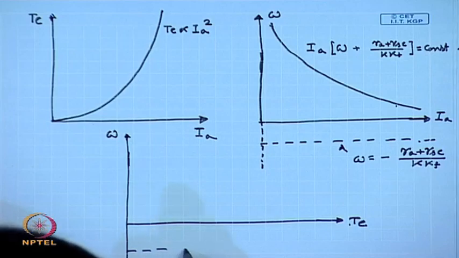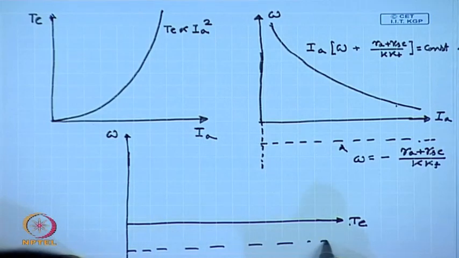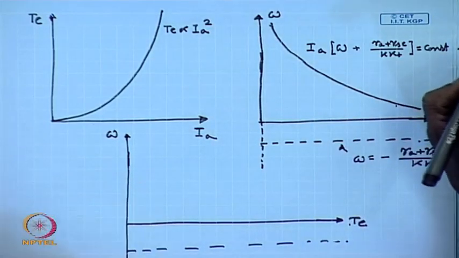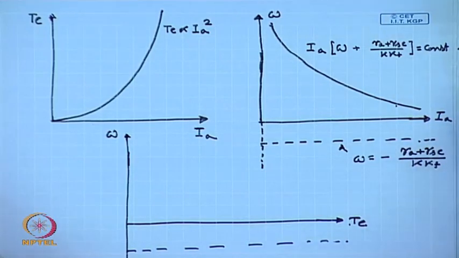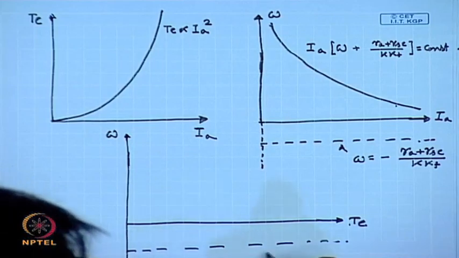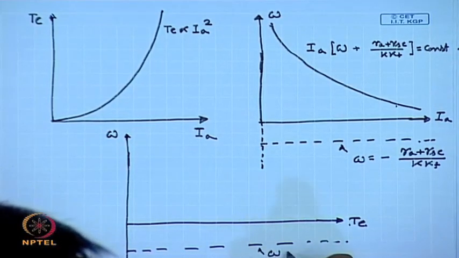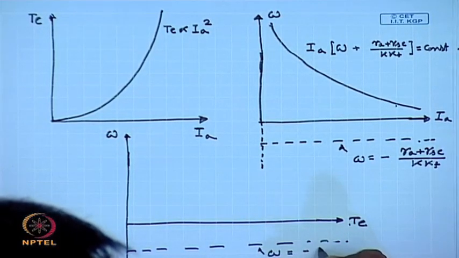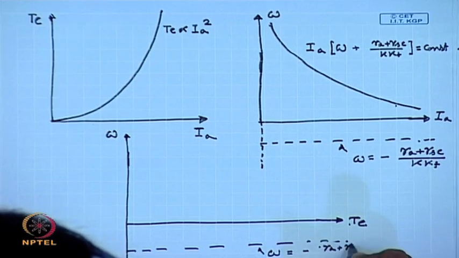Again this is somewhat similar, but this line is again omega equal to minus R_a plus R_ac by K k_f.